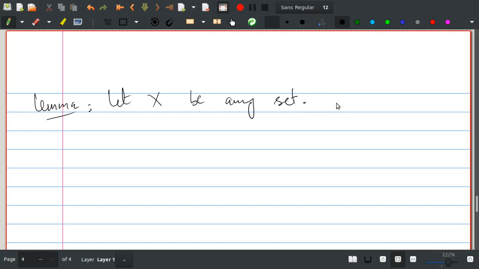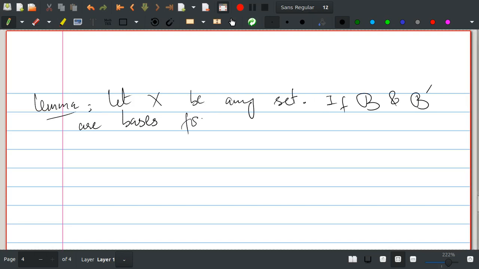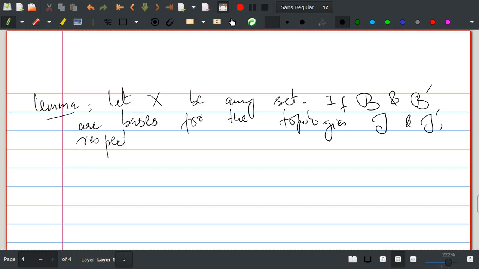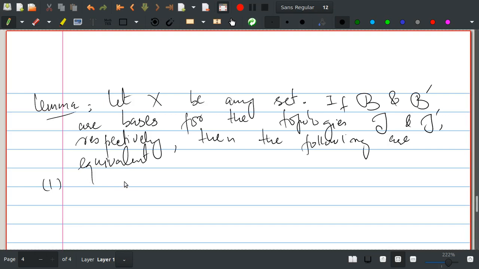If B and B prime are bases for the topologies, say T and T prime respectively, then the following are equivalent. First item is T prime is finer than T.